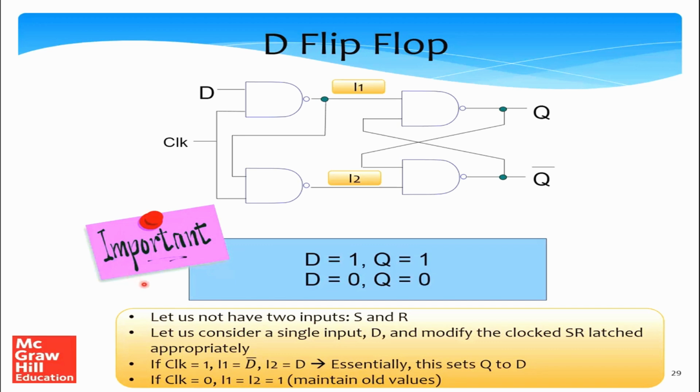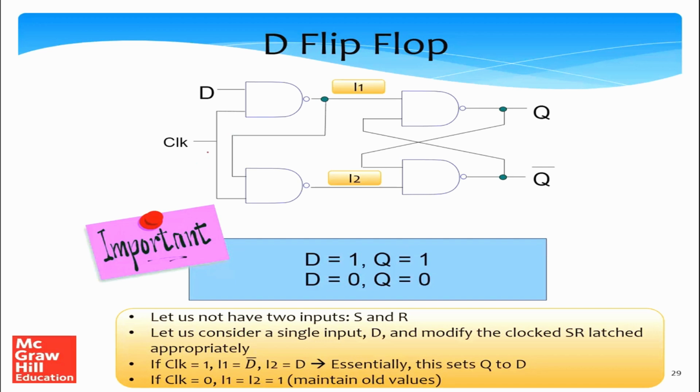Let's consider the case when the clock is 1 and the clock is 0. Let us first consider the simpler case, when the clock is 1. Simple or not simple depends, but let's find out.